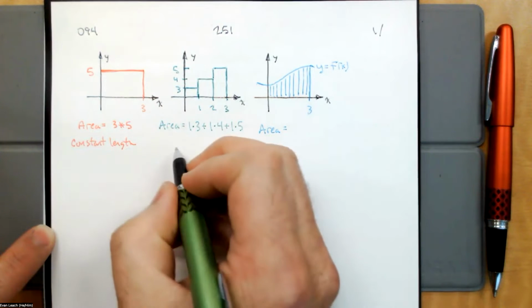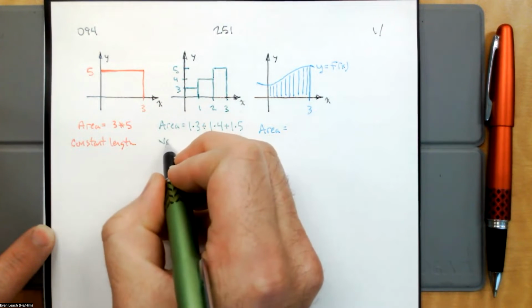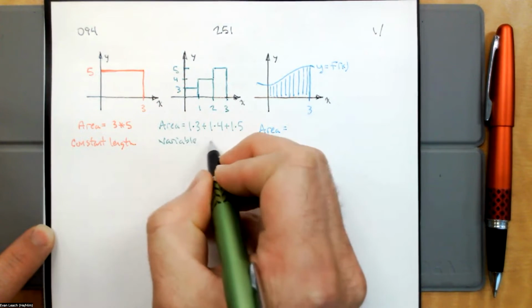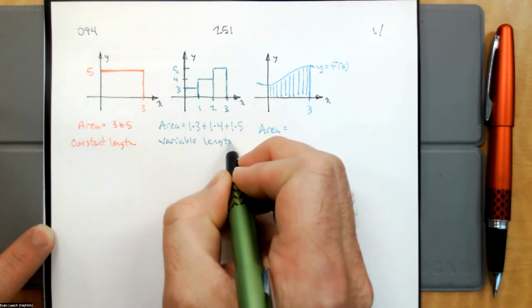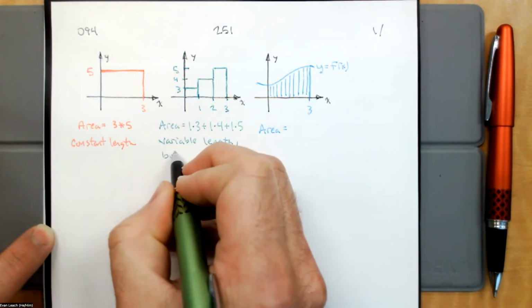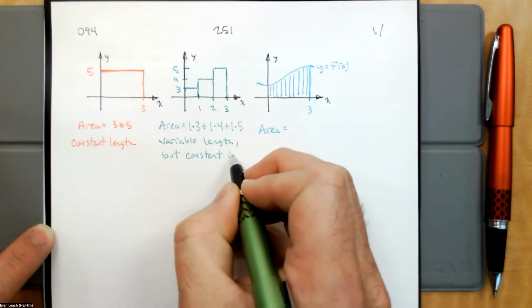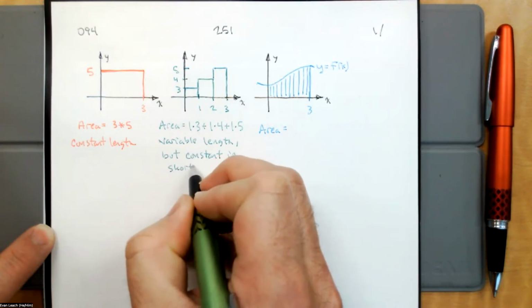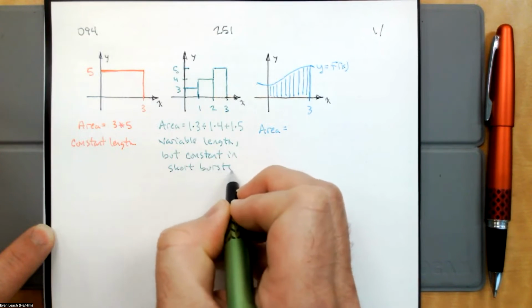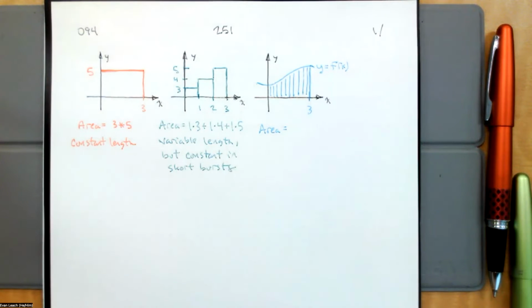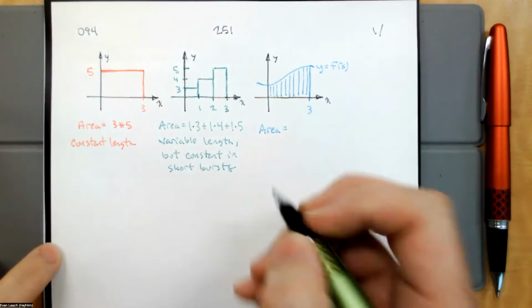In the second picture, we have variable length, but it's constant in short bursts. Since the variable length is constant in short bursts, we get to use multiplication in short bursts.